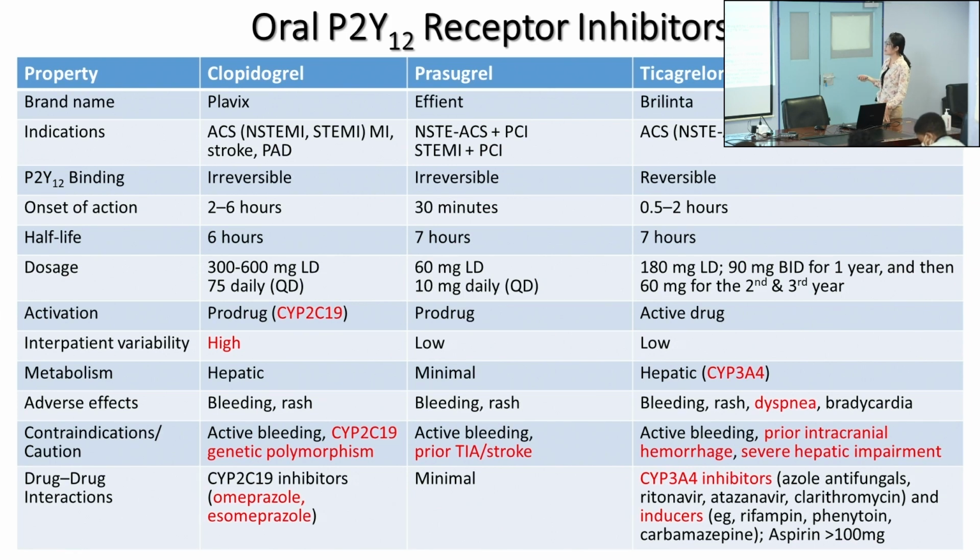And also because of this enzyme, there is an important drug-drug interaction with the PPIs we very often use, like omeprazole and esomeprazole. Esomeprazole is similar to omeprazole. Yeah, they are CYP2C19 inhibitors. So they can inhibit the activation of clopidogrel. So they may have the interaction.